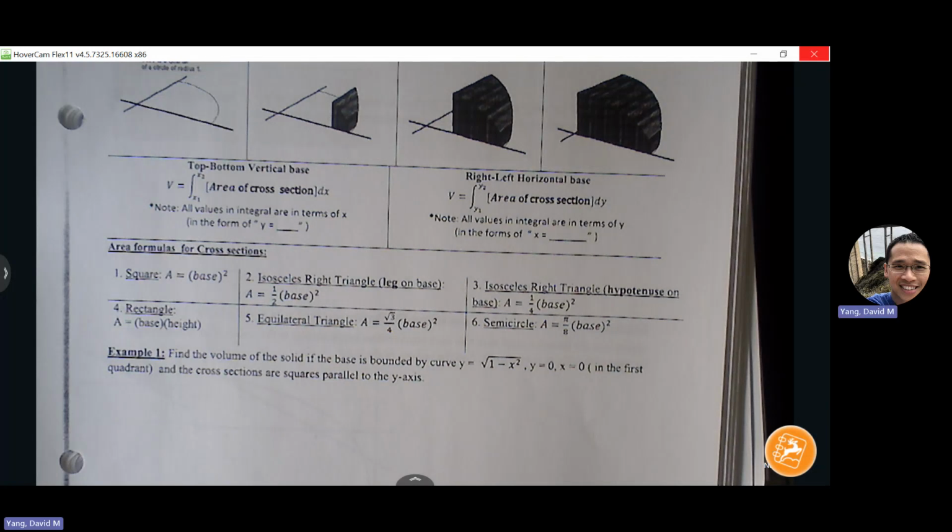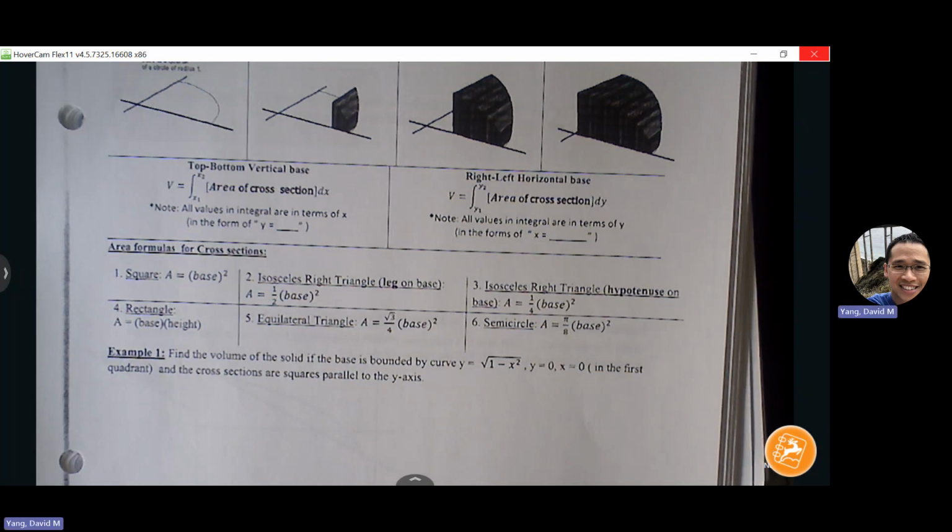We can build a square on top of a base. We can build differently defined right triangles. We can build a rectangle, we can build an equilateral triangle, we can build a semicircle, but they all involve just some formula, right? So once you find that one length that we're looking for, then it just goes into the formula and the rest gets plugged into the calculator.